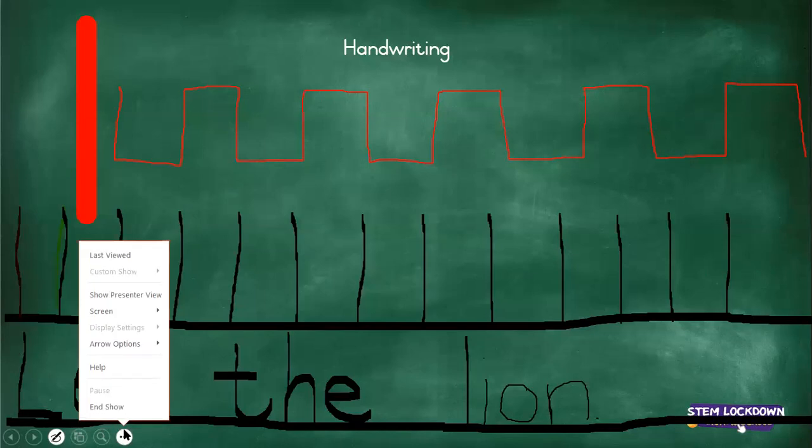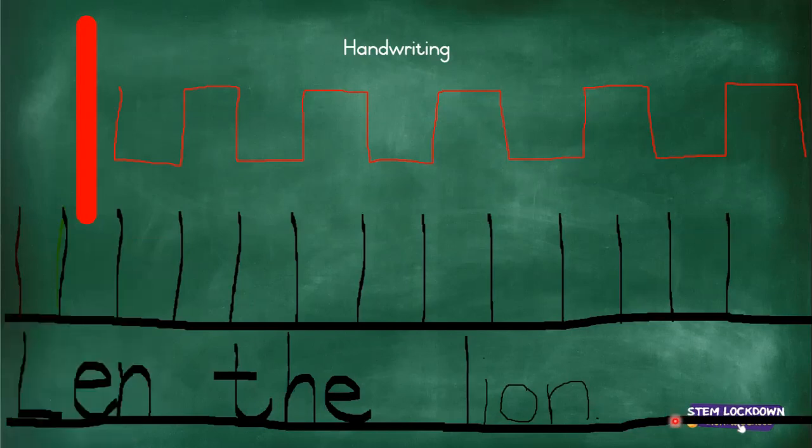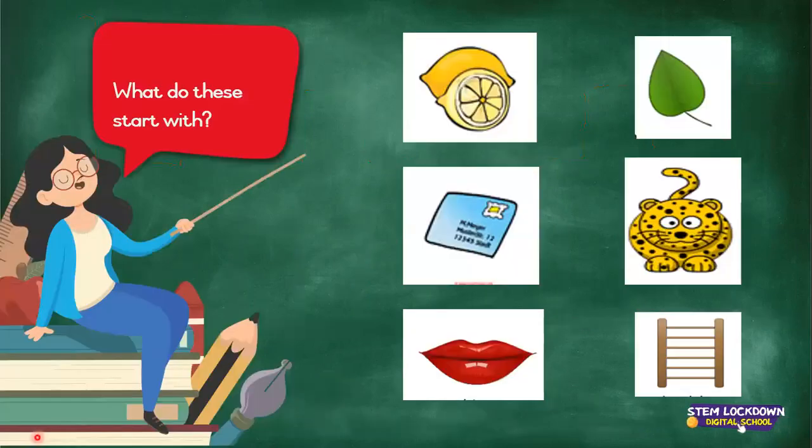So we are going to go off now. You can finish the handwriting again. So we're going to go on to the next.